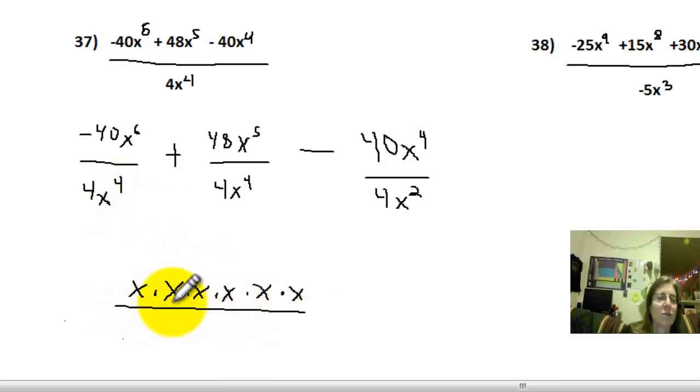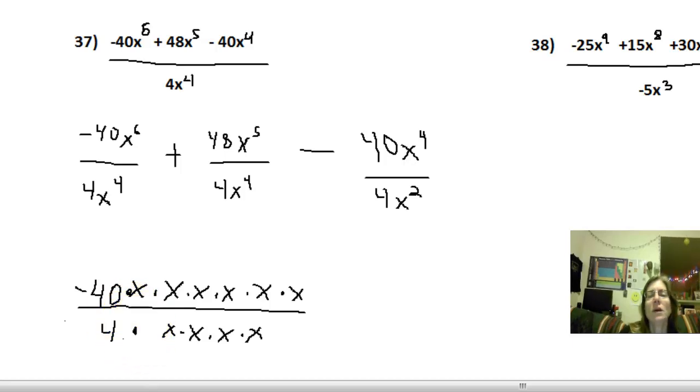And then let's do x to the 4th: x times x times x times x. And let's put our negative 40 in there because that's there too, but that is a number all by itself, and the 4 is still by itself, and that's also multiplied by everything.